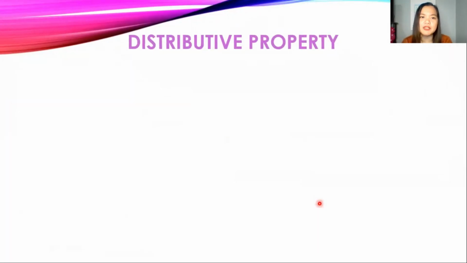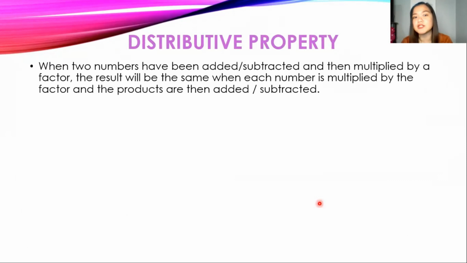So the distributive property says that when two numbers have been added or subtracted and then multiplied by a factor, the result will be the same when each number is multiplied by the factor and the products are then added or subtracted. Okay, so ito, A times the quantity B plus C equals A times B plus A times C na i-distribute. Take note of the letter A. It was distributed. That's why it is called distributive property.